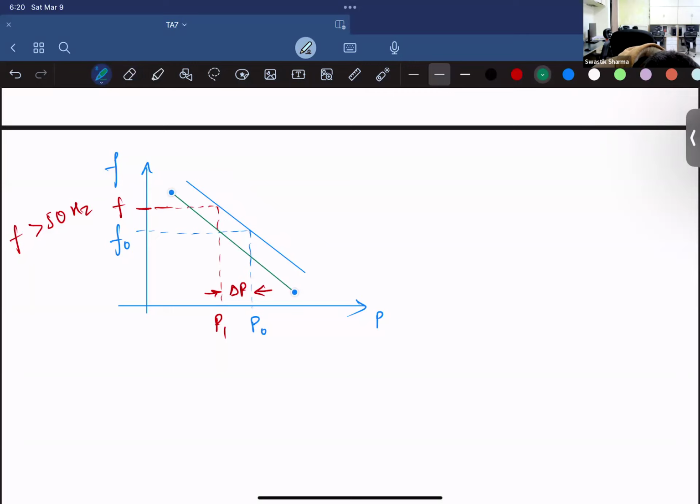So now you know you need to decrease your power level by delta P amount to be able to reach back to your F naught frequency. So you shift your droop curve. Once you shift it, you can see that at the P1 level, your frequency will now match exactly at F naught.